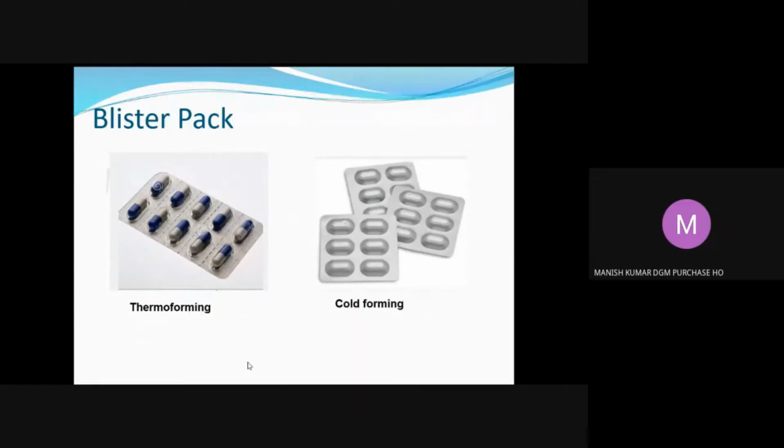Different structures are available. In cold forming, what we call in the market cold form foil or alu blister foil, no heat is applied for the forming of the cavity. That's why it is called cold forming foil. The thermoforming is done by applying heat and pressure both. That's why it is called a thermoform pack.